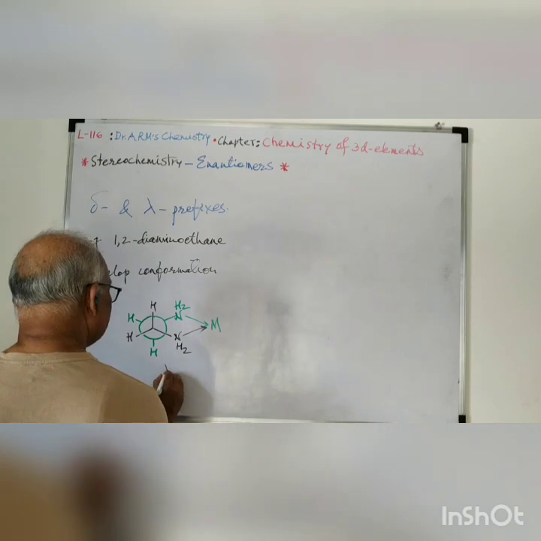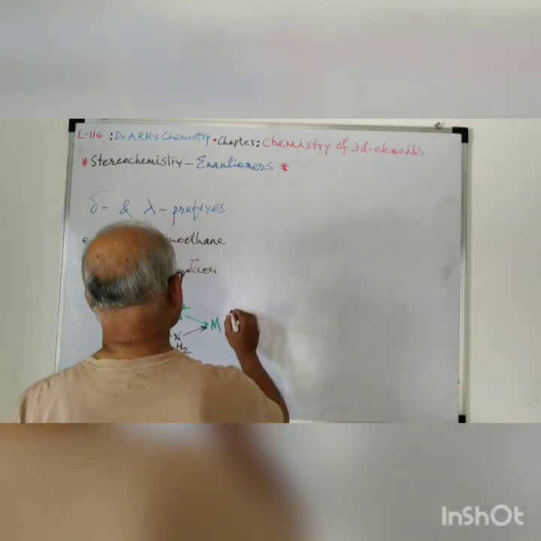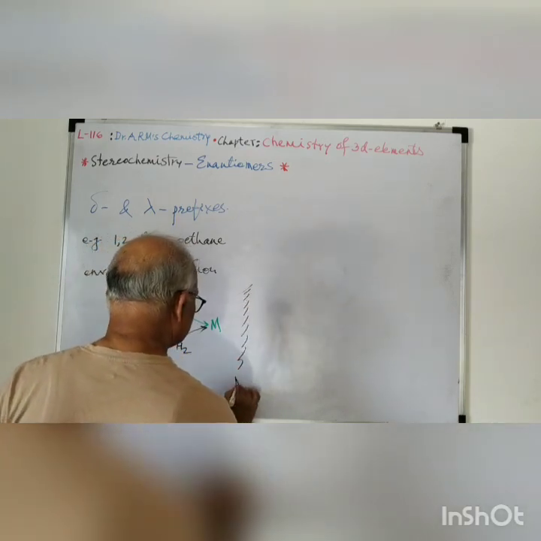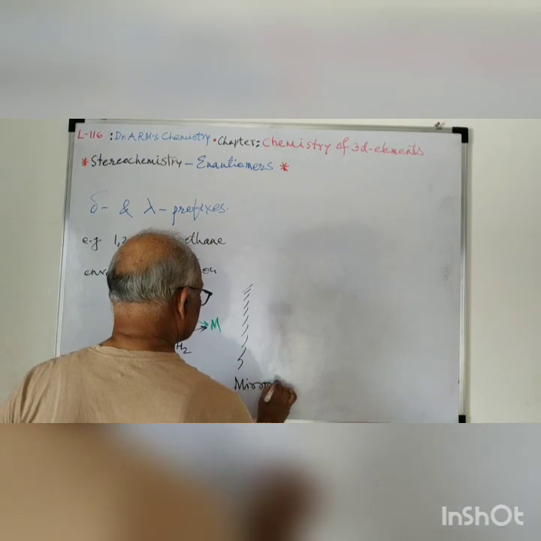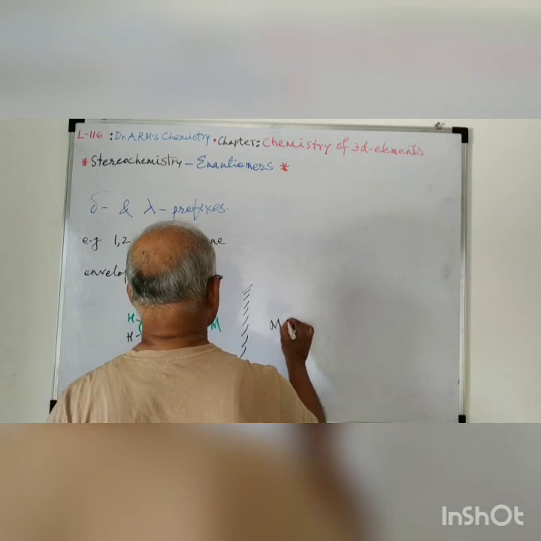This is called lambda, or we can say this is lambda. Now this is mirror, and we can imagine the structure like this.